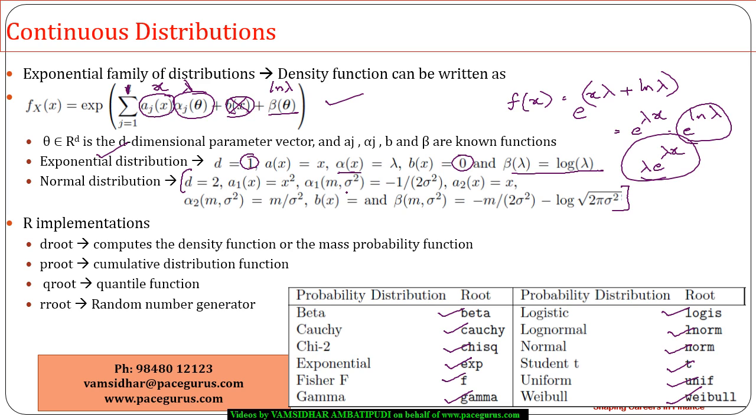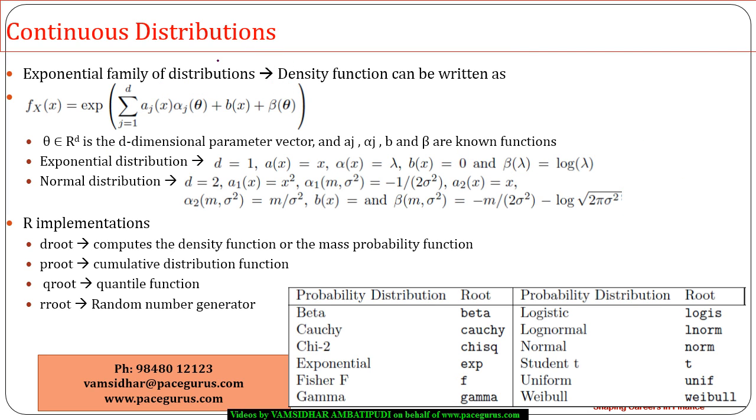So there are many such distributions that we can very comfortably use, which are all coming under the exponential family of distributions, right? We can very well write the density functions for all these types of distributions in this particular form. With a small workout, we should be able to understand how we can write all these things in this particular form.